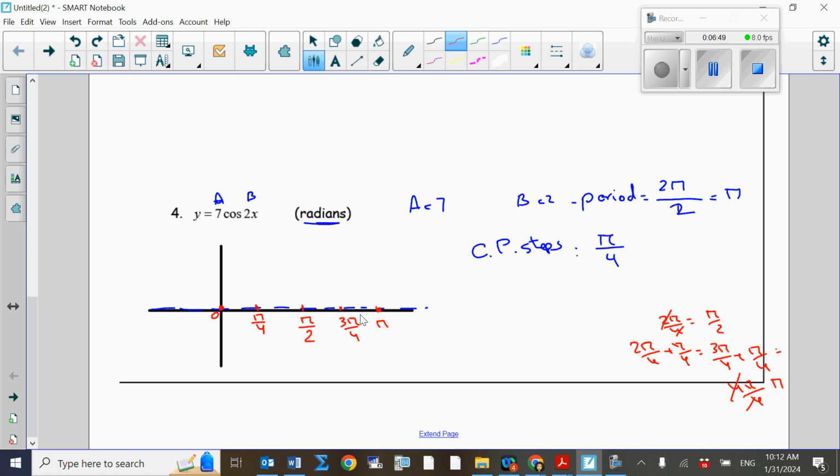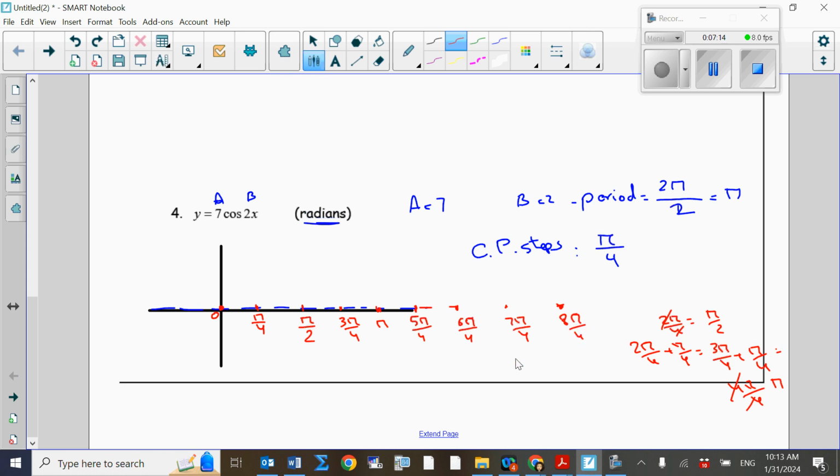If I want to write 2 cycles, I'm going to continue finding the next critical points. The next one will be 4 pi over 4 plus another one. That's 5 pi over 4. Next is 6 pi over 4. And next is 7 pi over 4. And the next one is 8 pi over 4.